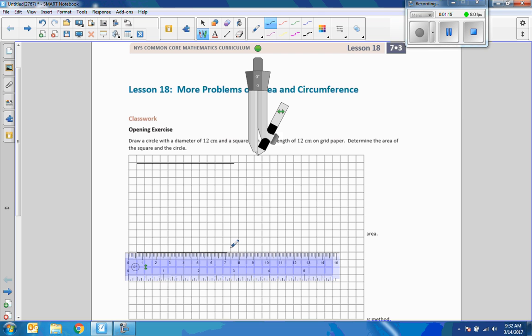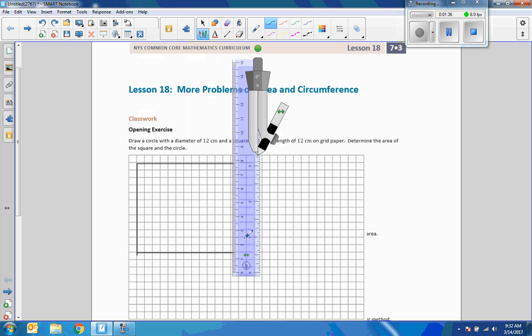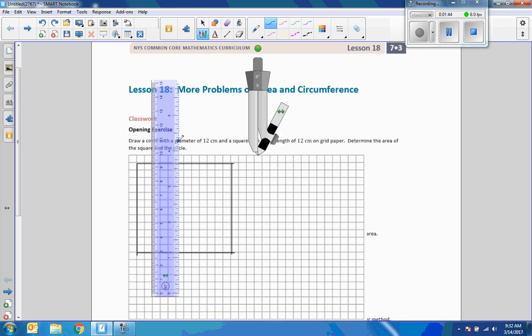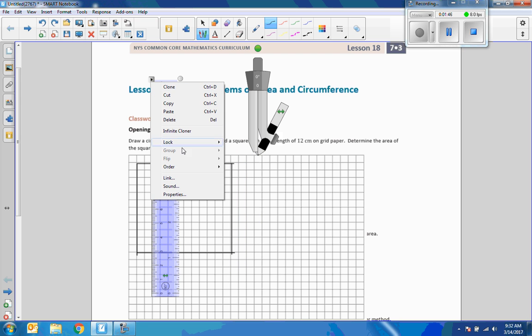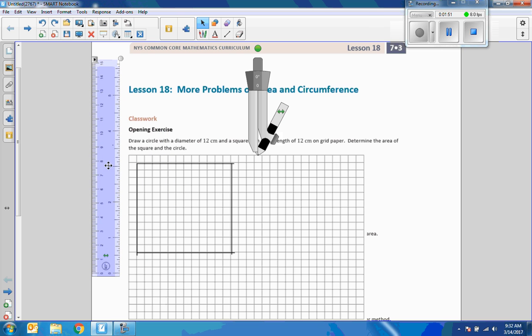A line here to there. Rotate. Okay, so there's my square, which is 12 by 12.